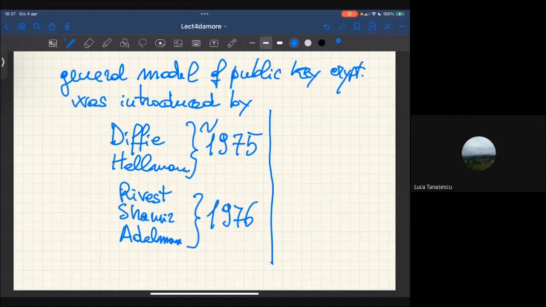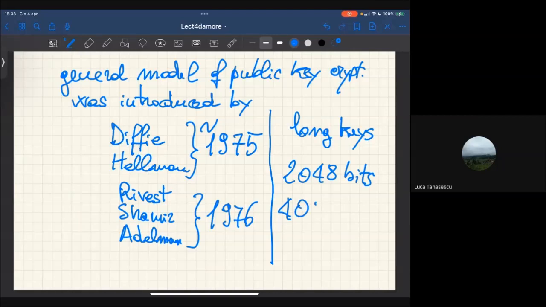Just look at this fact. These keys are long keys. I mean, the symmetric keys were 128 bits or 256 bits. In this case, we have much longer keys, and the typical length of these keys is 2048 bits, or even 4096.